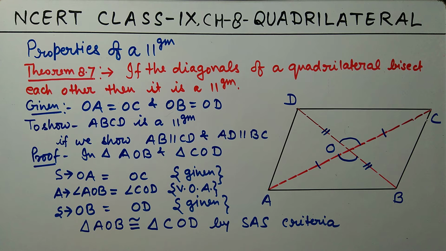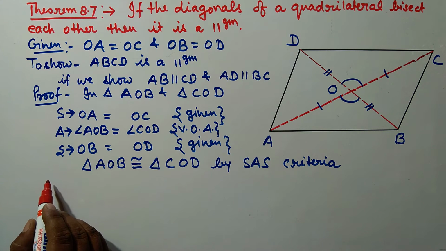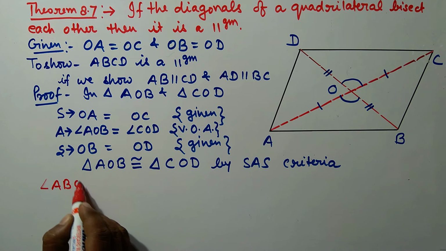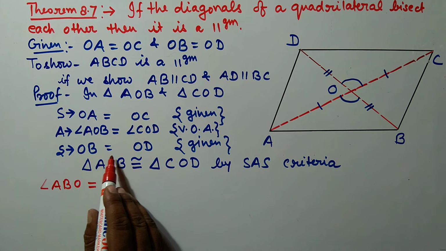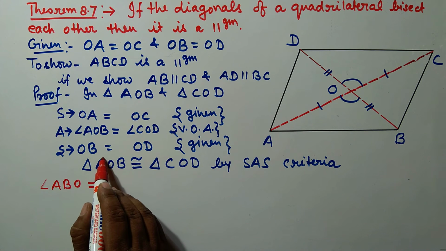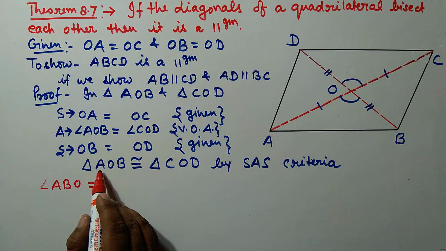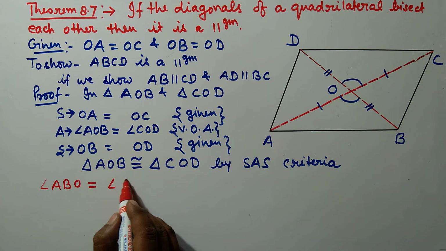Now by CPCT, what do we find? By CPCT, angle ABO is equal to angle CDO.